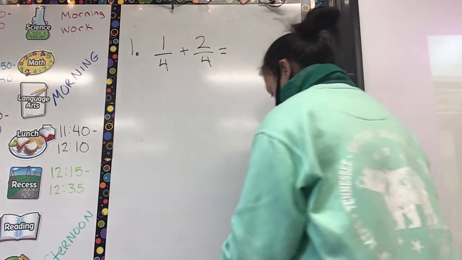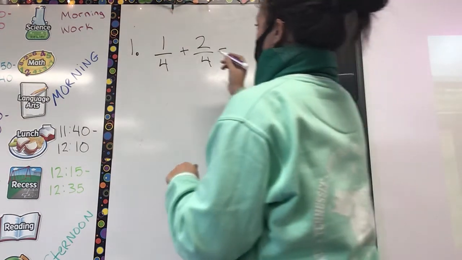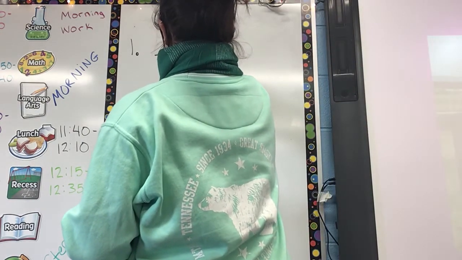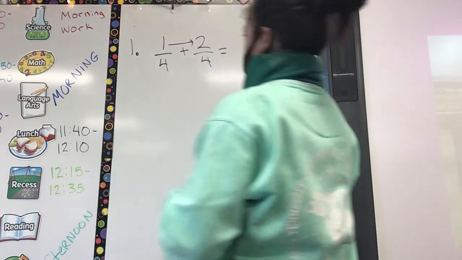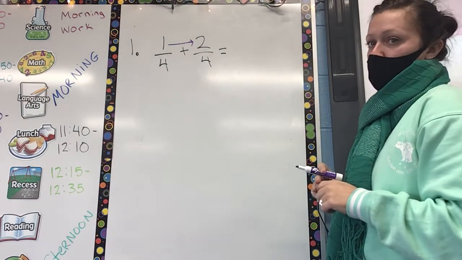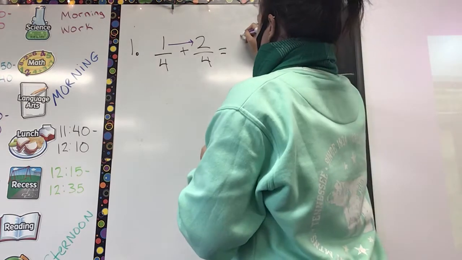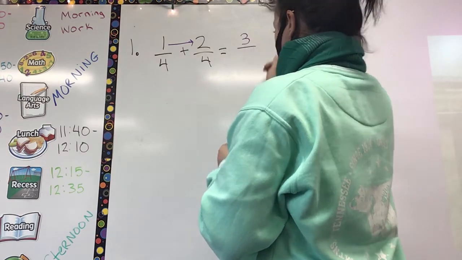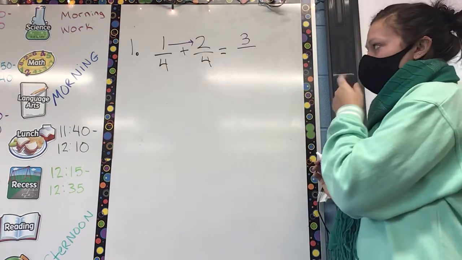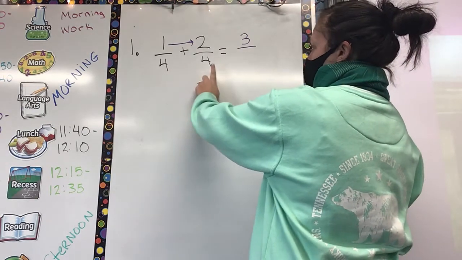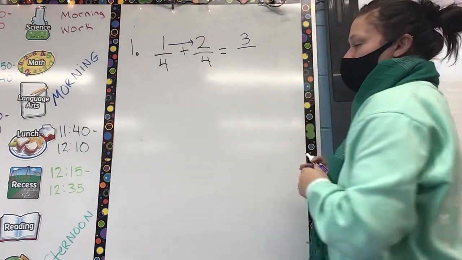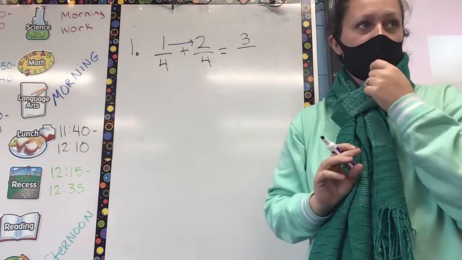When I add now, I am going to add across. So what is 1 plus 2? 3. My denominators, since I had to have like denominators, what do you think I'm going to do as my denominator for that answer, Megan?